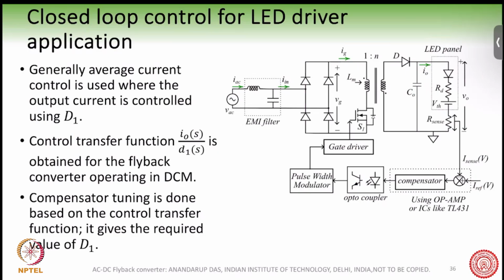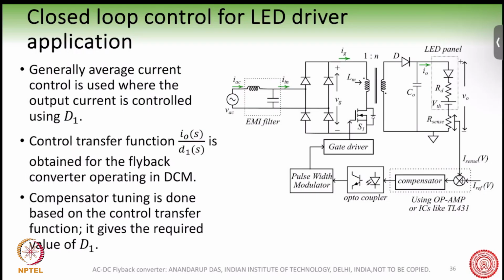And at the end, we will briefly highlight the closed loop control. There are several control techniques for this flyback converter in the discontinuous conduction mode. One of the techniques is this average current control.